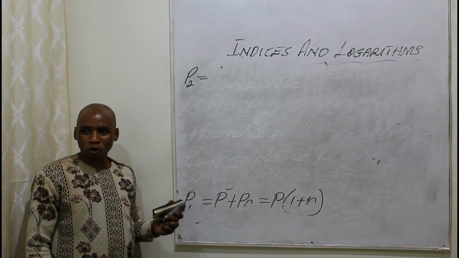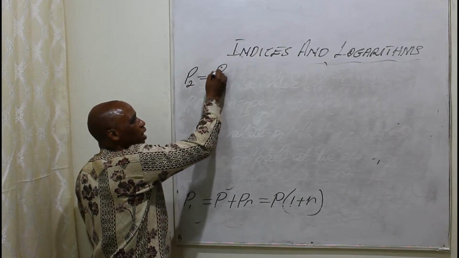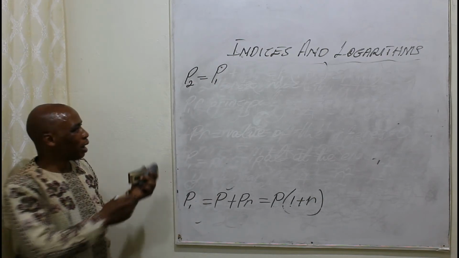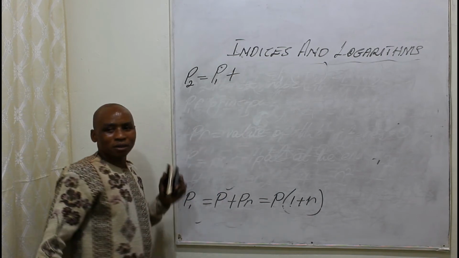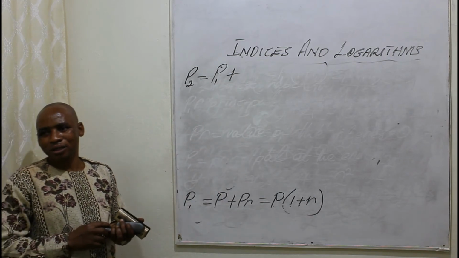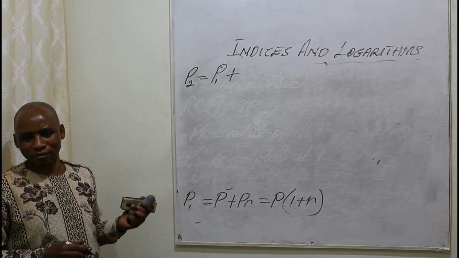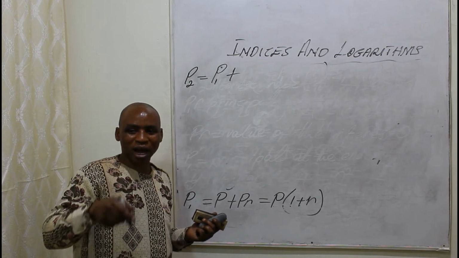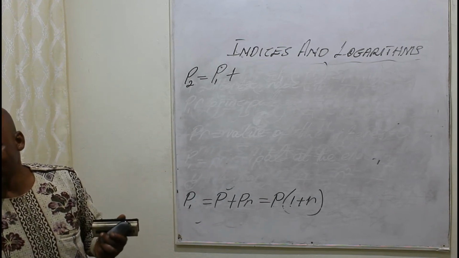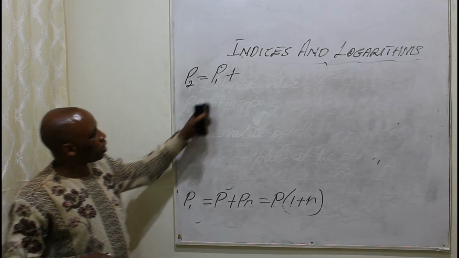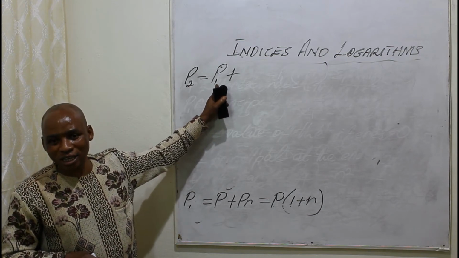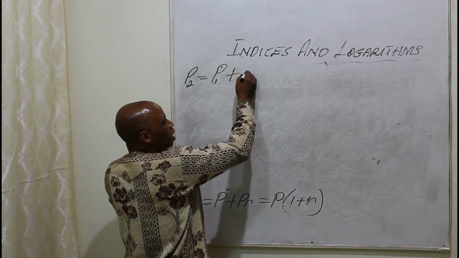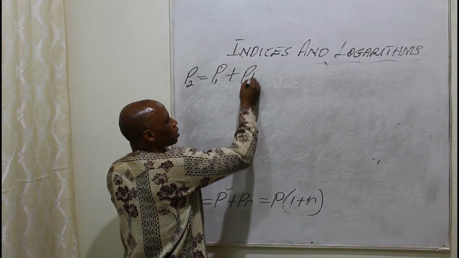And this will be equal to the principal that you started with at the beginning of the second year plus your interest at the end of the second year. And don't forget, the interest is always calculated by multiplying the corresponding principal by the interest rate. And the corresponding principal for the second year is P1. In this case, our interest will be P1 times R.